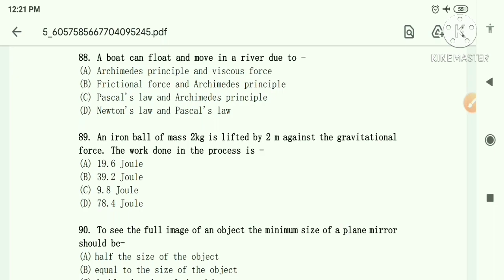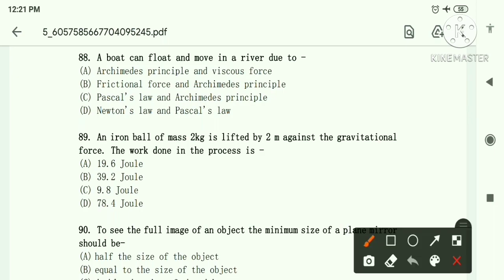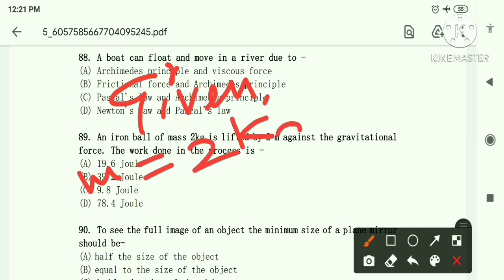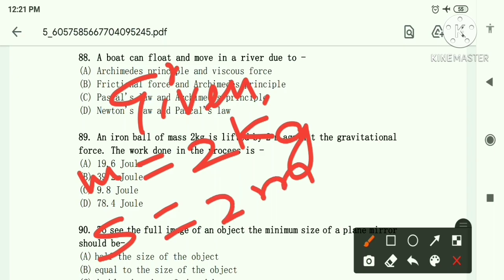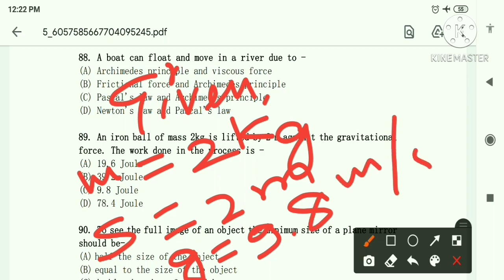Here write down first the given: mass m is equal to 2 kg, displacement is equal to 2 meter, and small g, that is the acceleration due to gravity, 9.8 meter per second square.